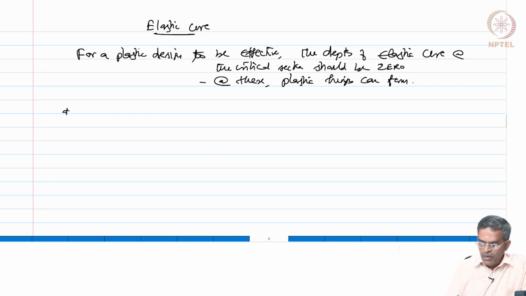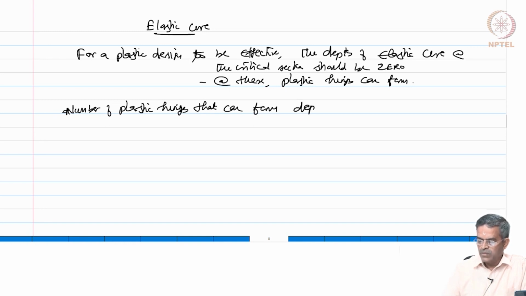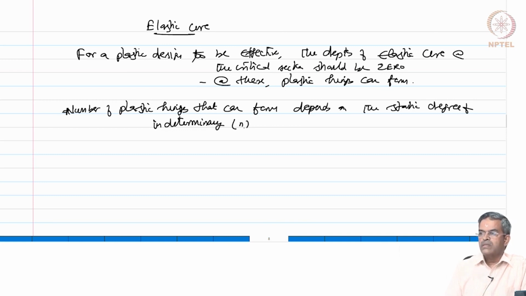Now, the number of plastic hinges that can form depends on the static degree of indeterminacy. Let us call this n.